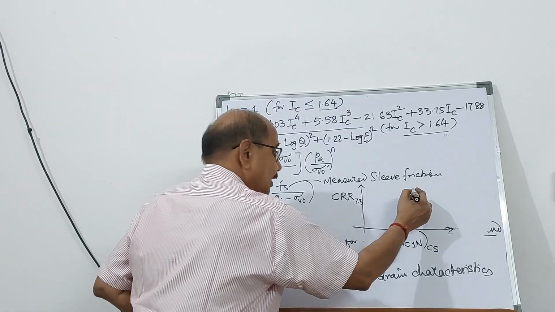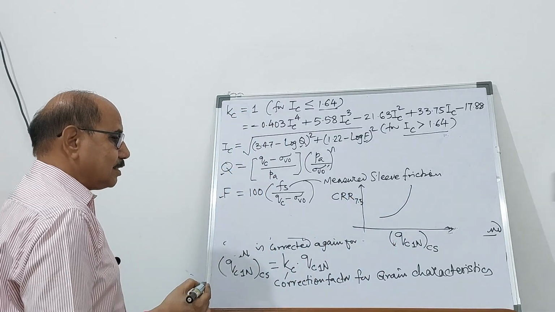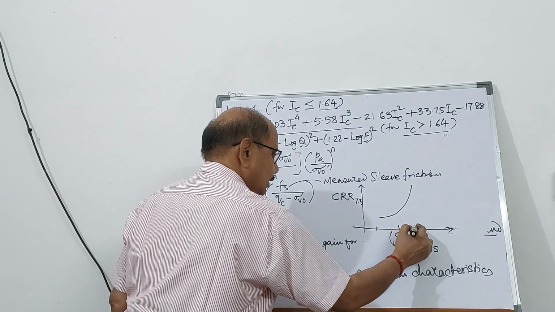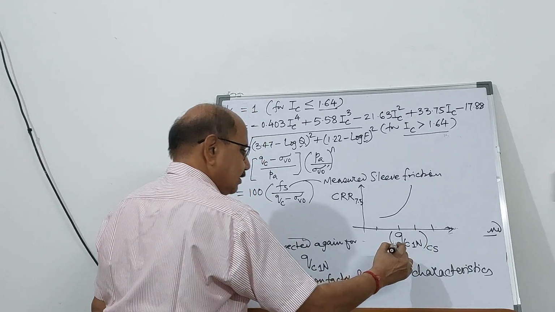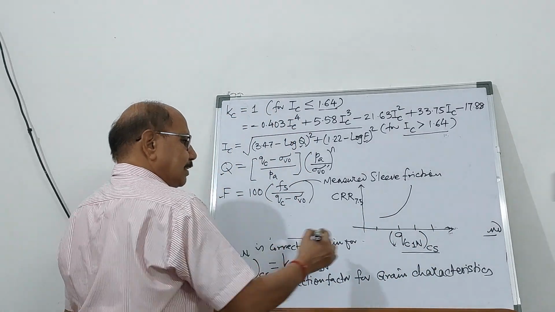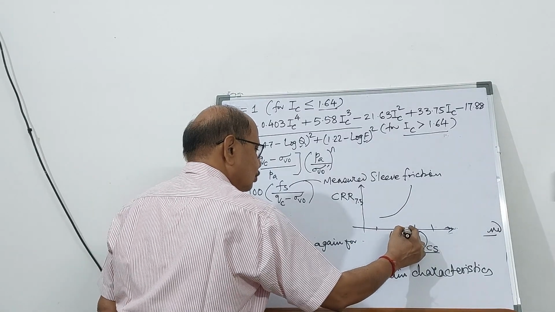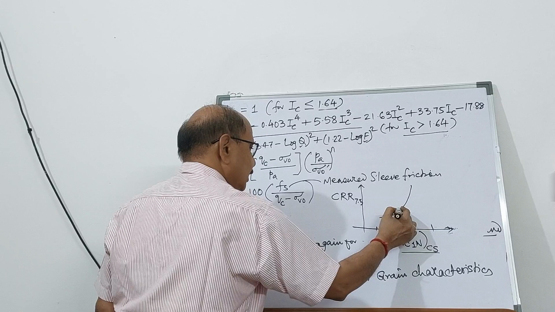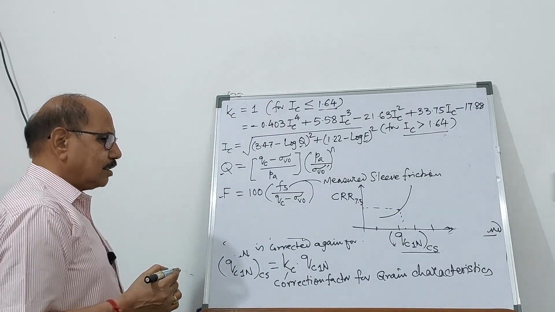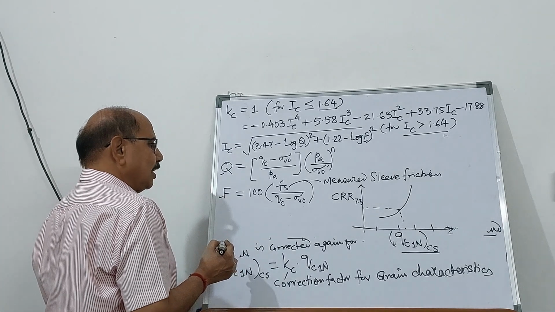So from this, you have the values on the x-axis for clean sand, and for the corresponding value of qc1N you can find out CRR for 7.5 magnitude of the earthquake.